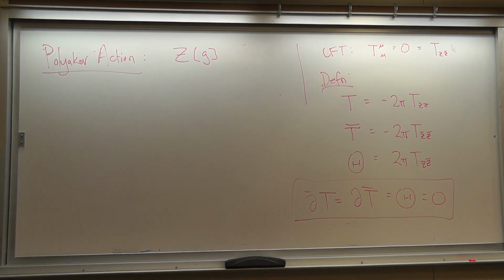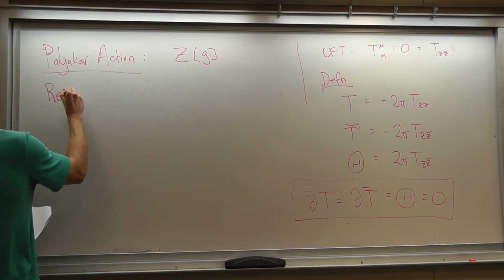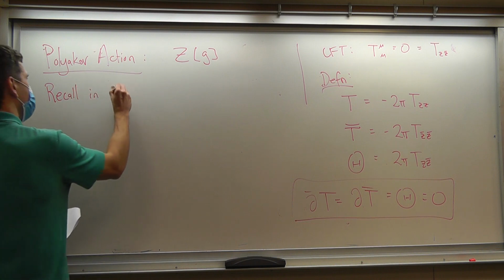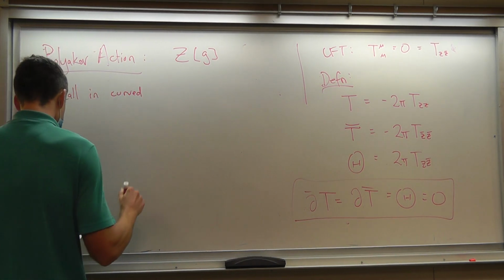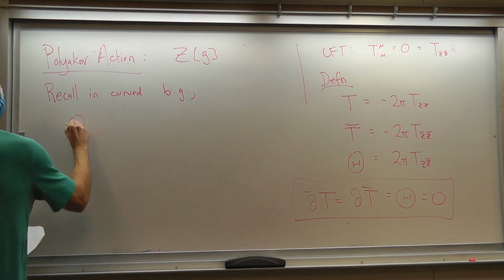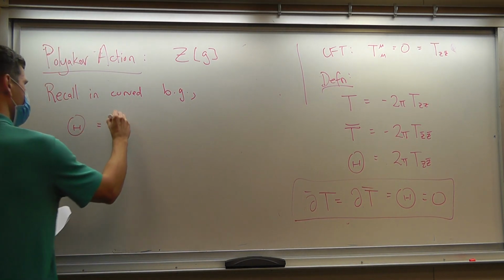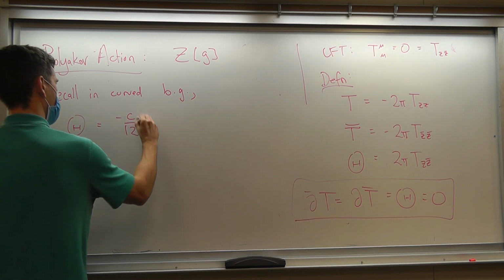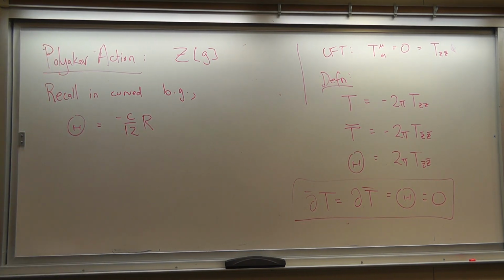It turns out that in a 2D CFT, that's completely determined by symmetry, so we can write down this generating function in closed form. Recall in a curved background, we showed that big Theta is minus c over 12 times R. Big Theta is an operator.